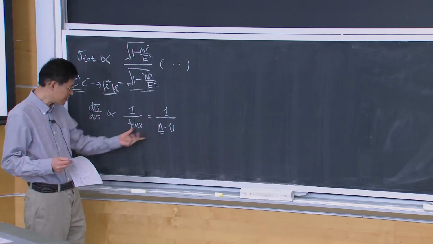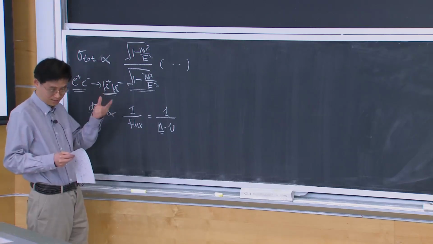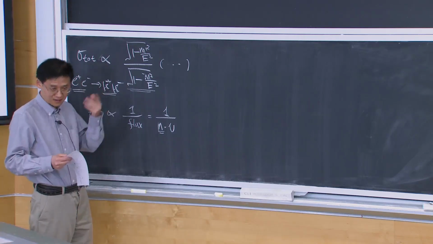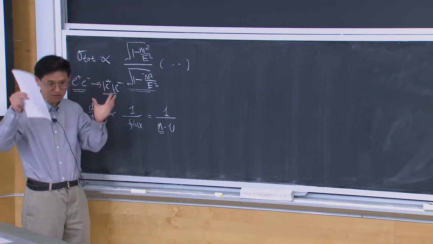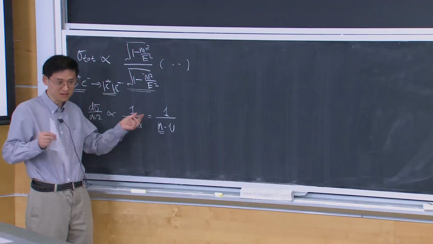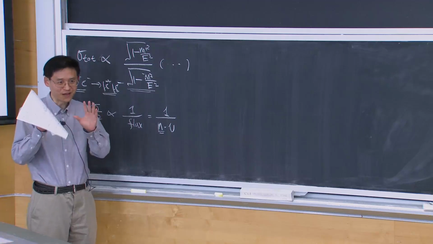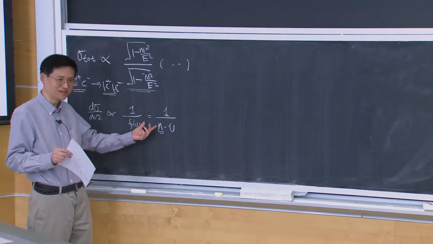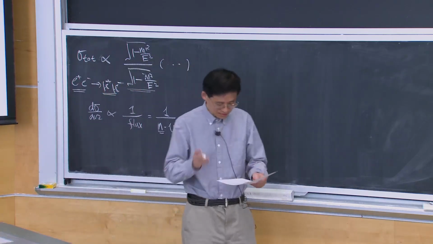Mathematically it's due to the flux, just due to the way the cross section is defined. But I also mentioned before that the cross section is supposed to measure the effective area of the interaction, so why should that depend on the velocity? I don't have a very good explanation, but this is the mathematical reason for it.